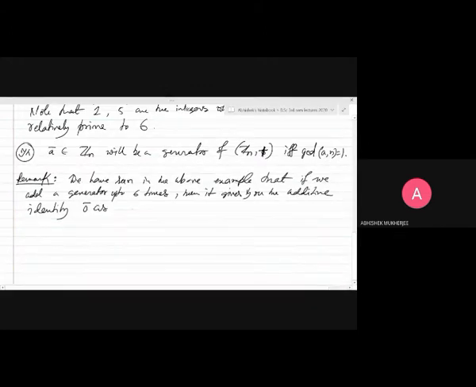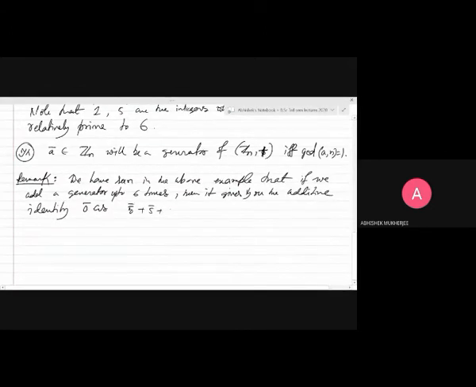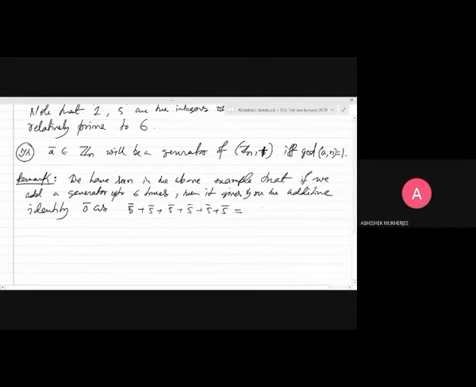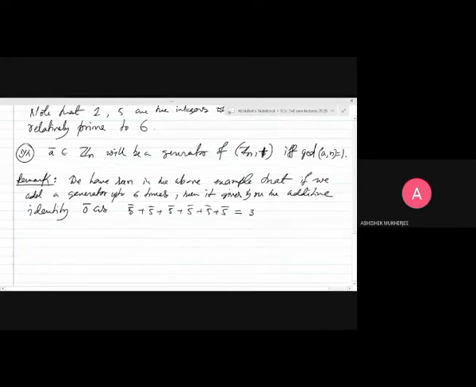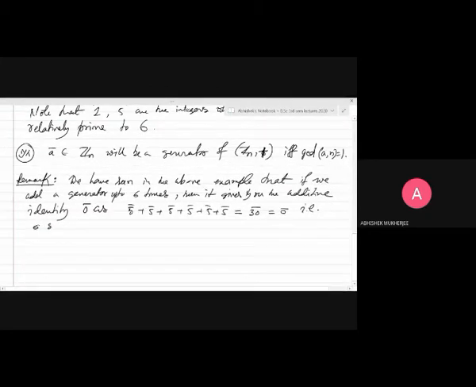As 5 plus plus 5 plus plus 5 plus plus 5 plus plus 5 plus plus 5 plus, so it is actually 30 plus, so that is 0 plus. So if we write it as 6 times 5 plus, then it is 0 plus.